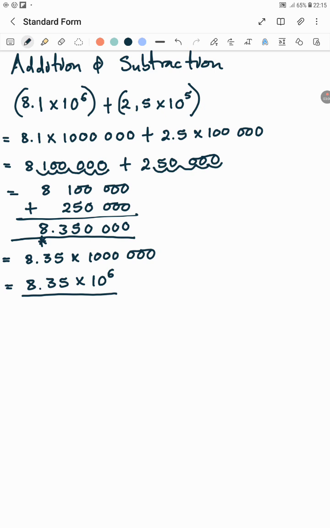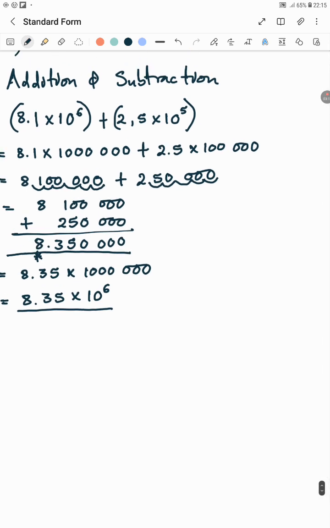Okay, I'm going to look at another question, but this time I'm going to look at subtraction. The question says 8 times 10 to the power 4 minus 6 times 10 to the power 3.